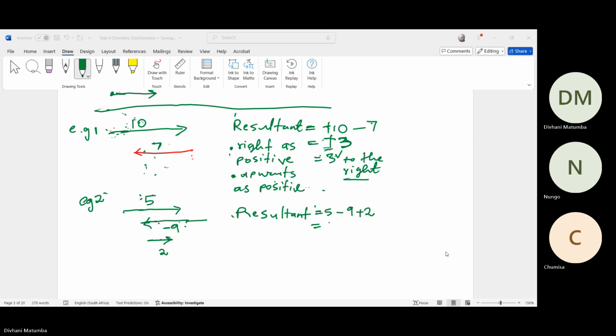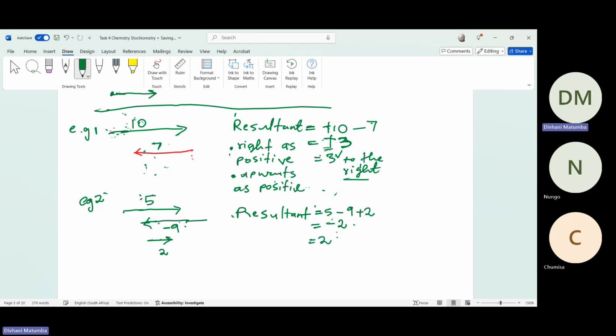So if it is negative 2, let me write the negative 2. Okay, perfect.